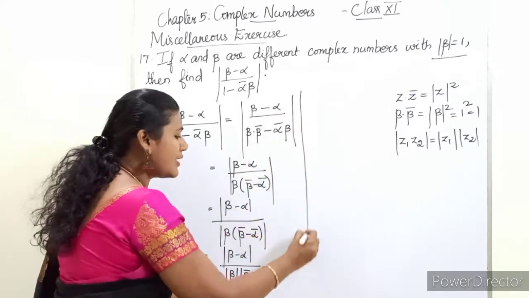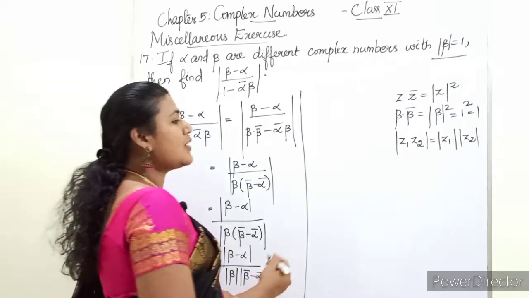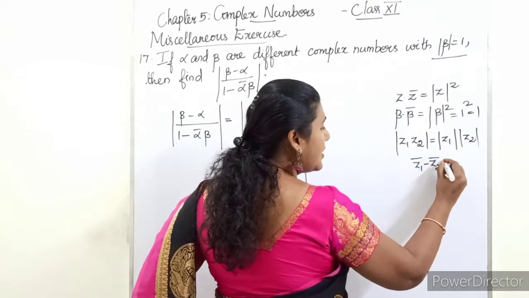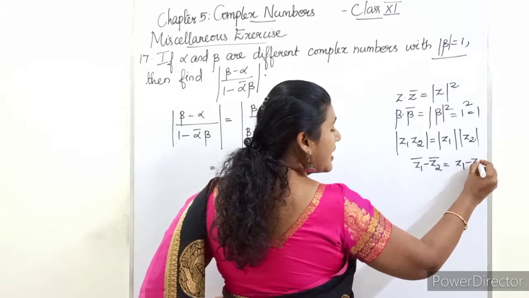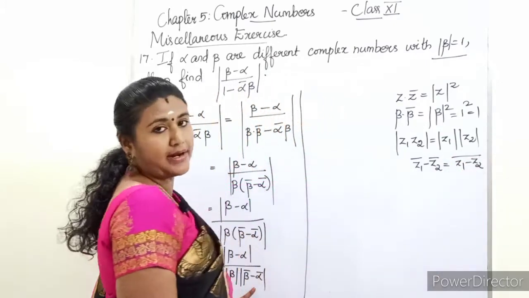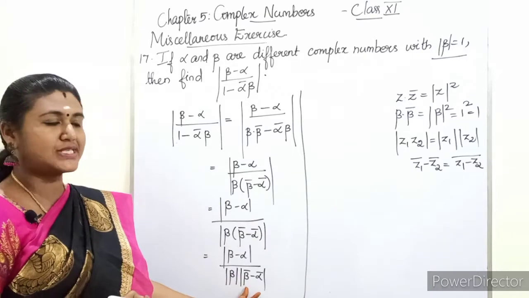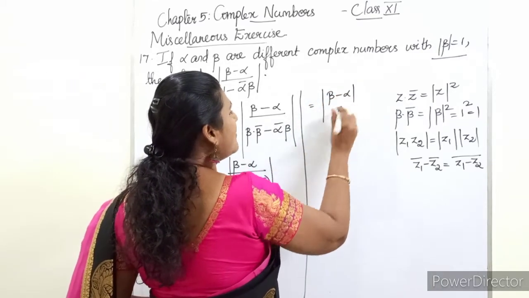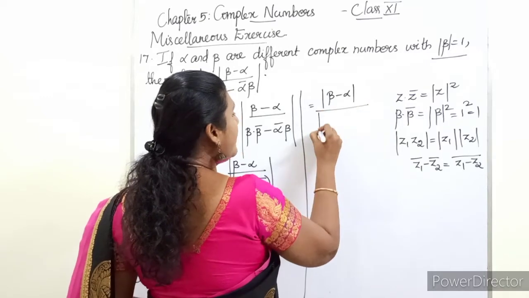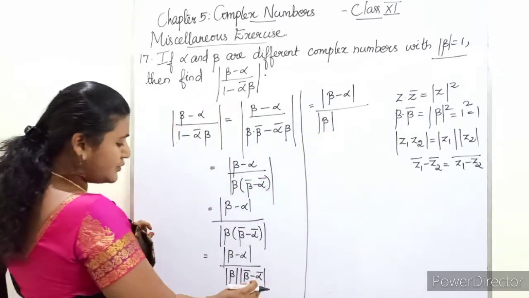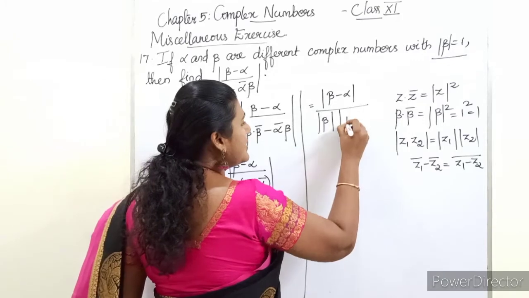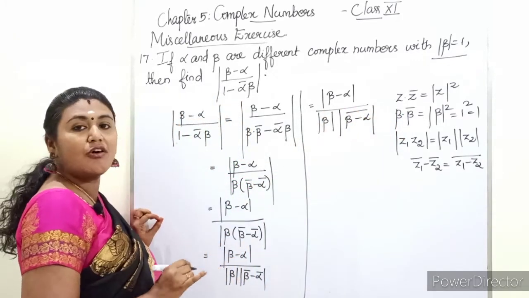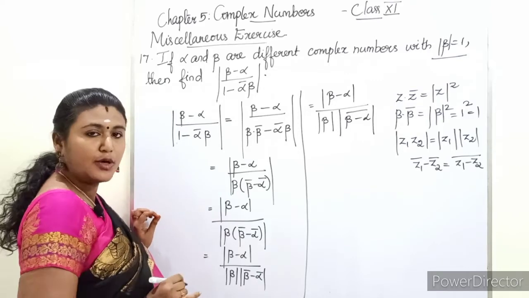Now how are we going to simplify? Again we are going to use the property z1 bar minus z2 bar equals (z1 minus z2) the whole bar. So we have modulus of (beta minus alpha) in the numerator divided by mod beta into, in the place of beta bar minus alpha bar, modulus of (beta minus alpha) the whole bar.